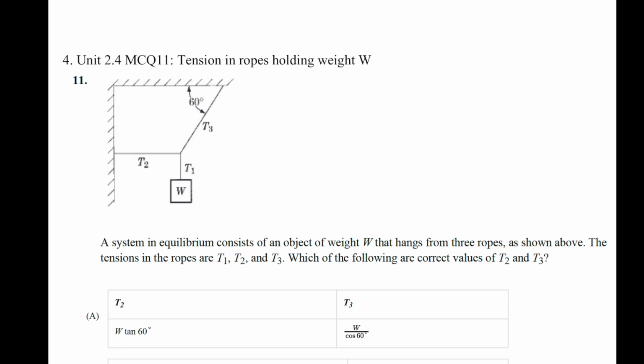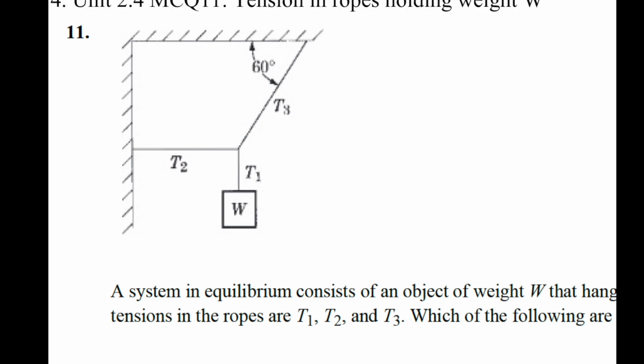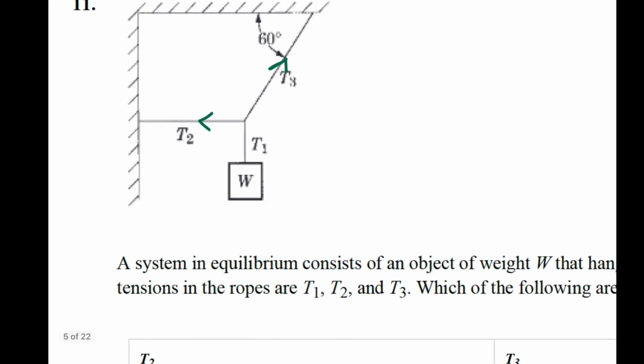So again we are going to label, draw on our diagram how T2 and T3 will look. T2 will be acting towards the support, T3 will also act towards the support like this. And we know that T1 and W will be exactly equal to each other.